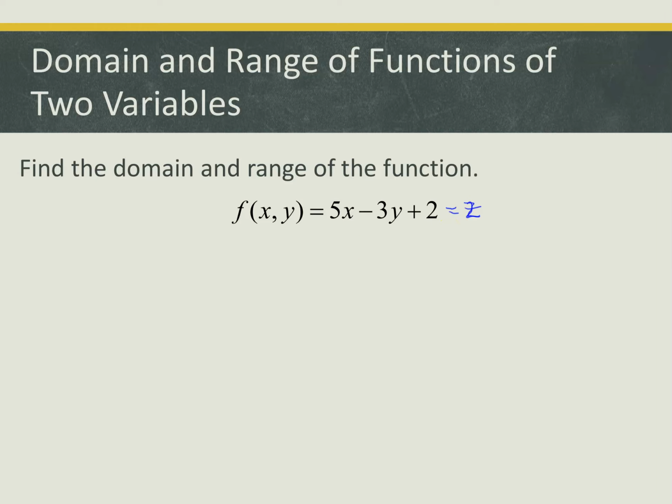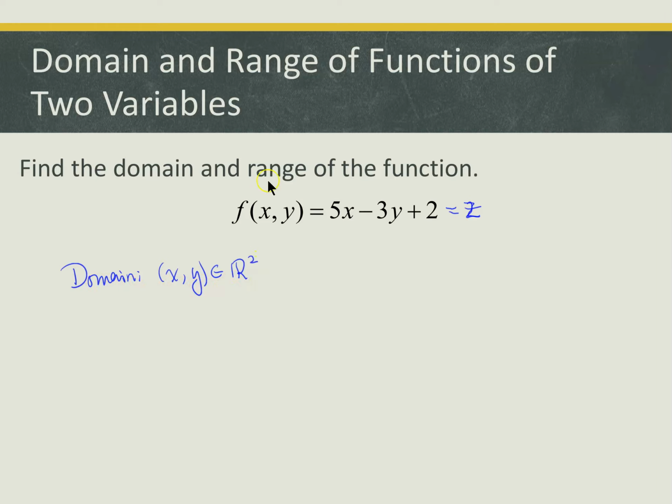Now we should notice that for this particular function, there are no values of x or y that would cause the function to be undefined. So the domain of this function is all real numbers for x and y, which basically creates the xy plane, or R2.